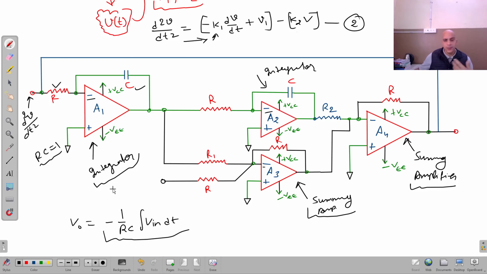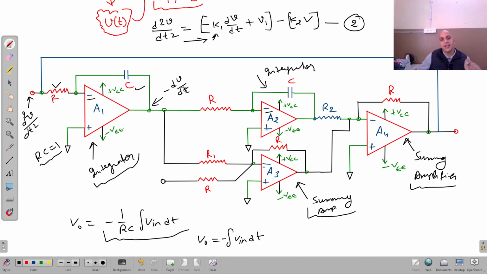Then I will get V output is equal to integration of simply v in dt. So integration of v in dt, with the negative also there, I will get minus dv upon dt. For the sake of simplicity, assume that the constant of integration is equal to 0, right?